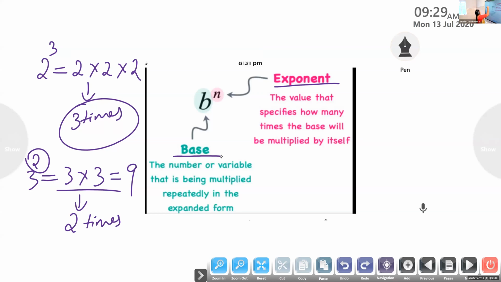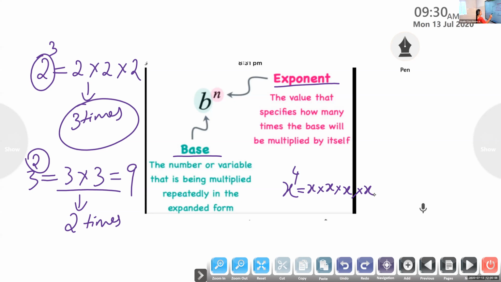Base is either a number or a variable. In 2 raised to 3, 2 is the base. Here 2 is multiplied repeatedly. That number is known as the base, or it can be a variable, x raised to 4. What is its meaning? X into x into x into x. We are multiplying x 4 times.